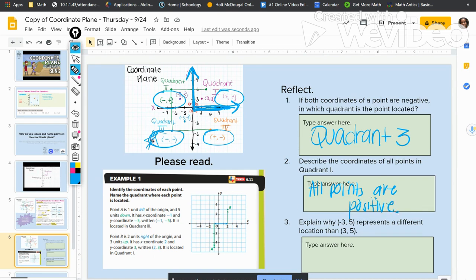And then my last question, explain why negative 3, 5 represents a different location from 3, 5. Okay, so I'm going to use this graph down here. So I'm going to start at the origin. This time I'm going to go to the left to negative 3, and then I'm still using positive numbers, so I'm going to go up 5. On this point, I'm going to go right to 3 and up 5. So one difference I can already see is they are in different quadrants.